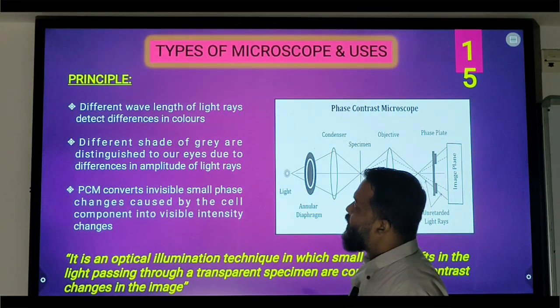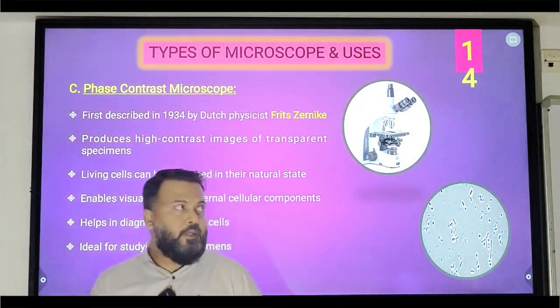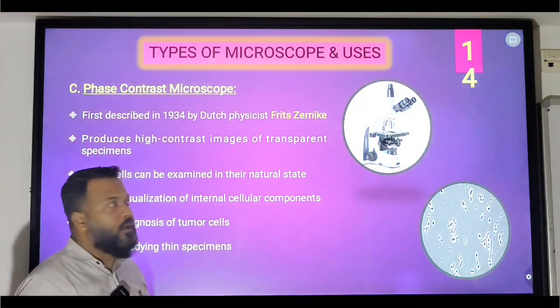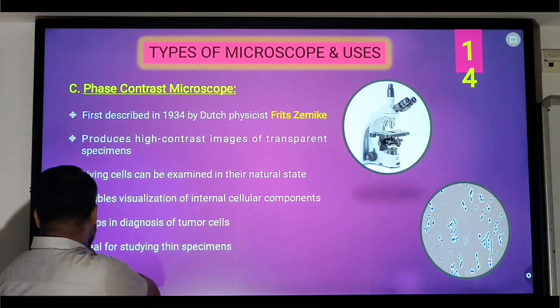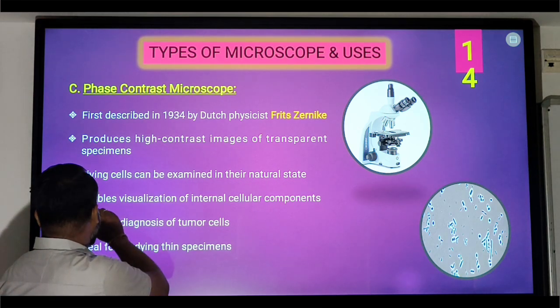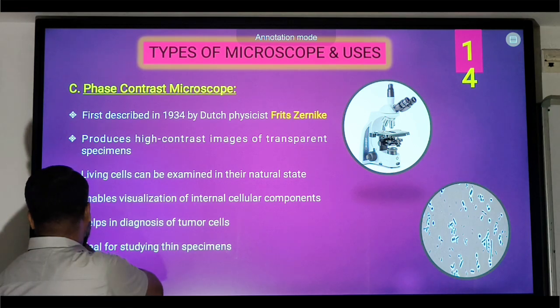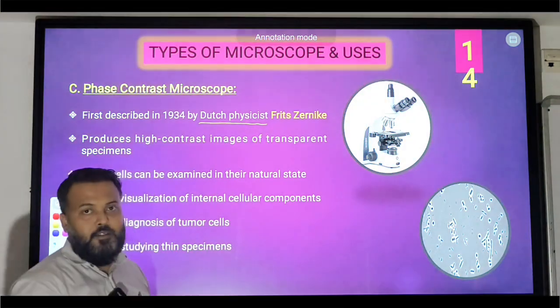So next one is the phase contrast microscope. This phase contrast microscope was first described in 1934 by a Dutch physicist, Fritz Zernike.